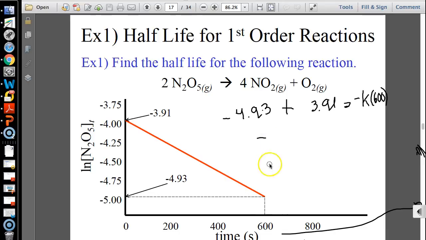Negative 1.02 is equal to negative K times 600.